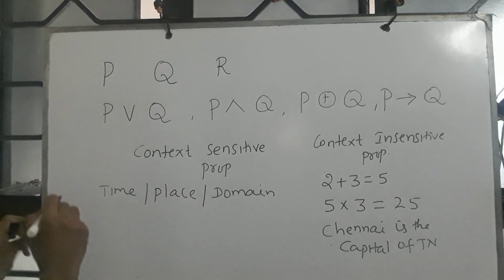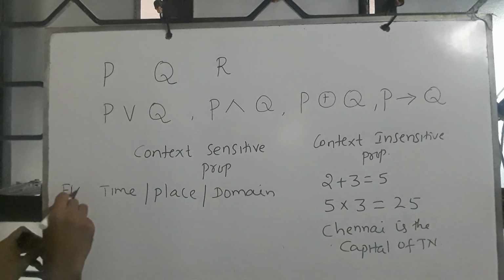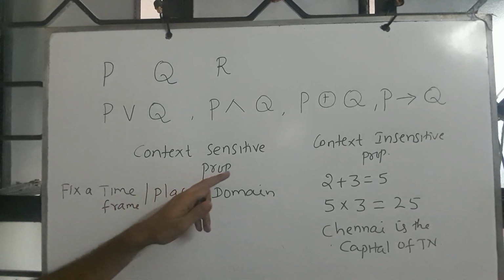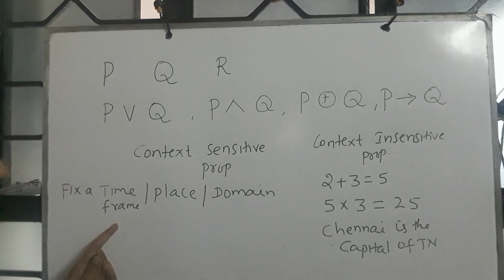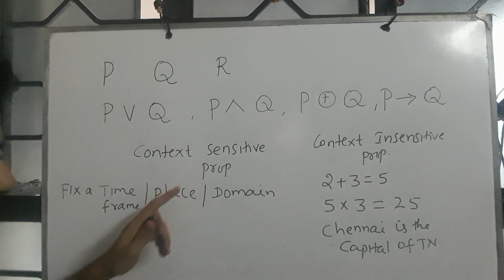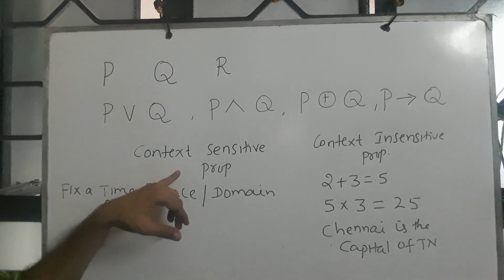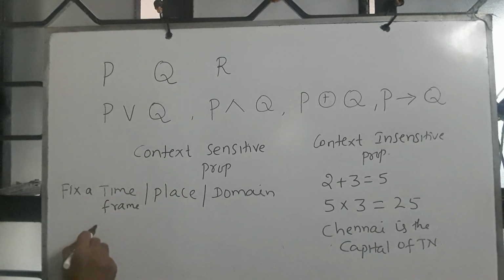So fix a time frame, that is my context, then see whether the statement is taking true or false. Fix a place, then you ask whether the statement is taking the value true or false, but not both, and so on.